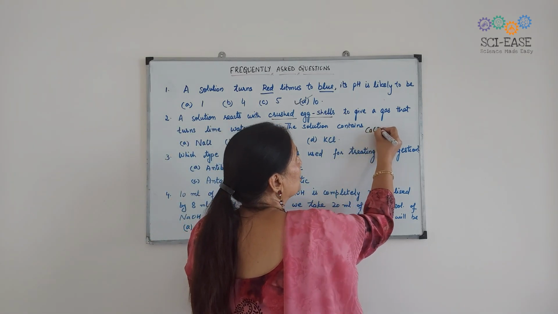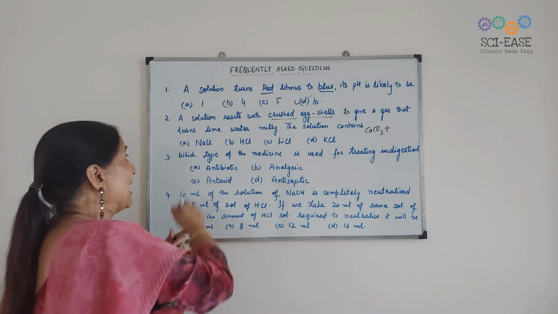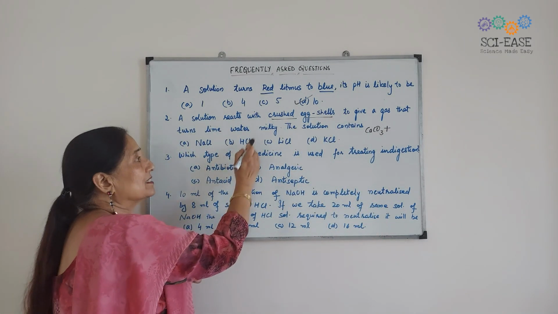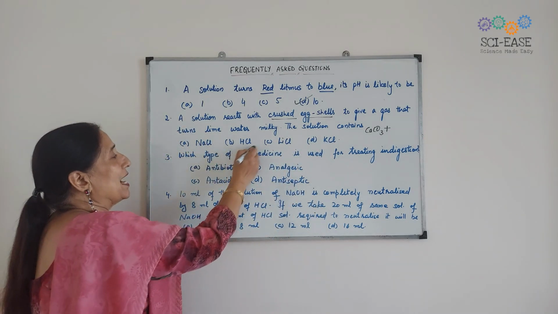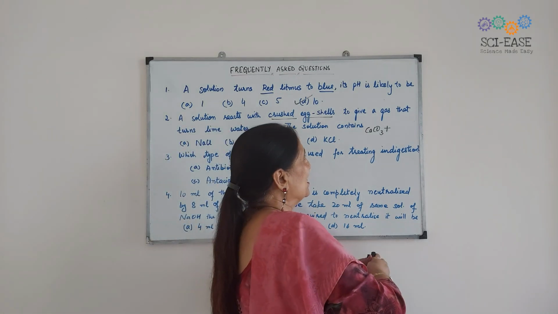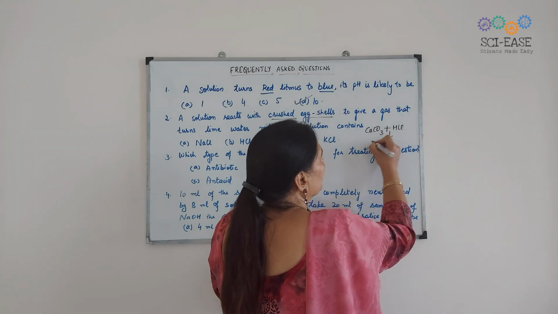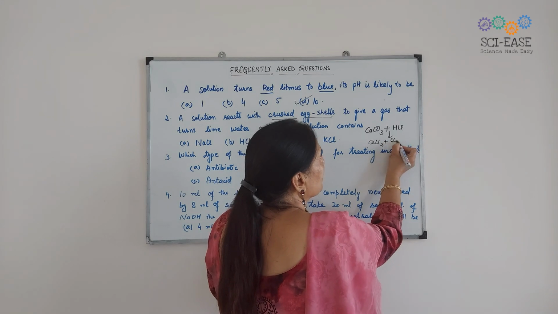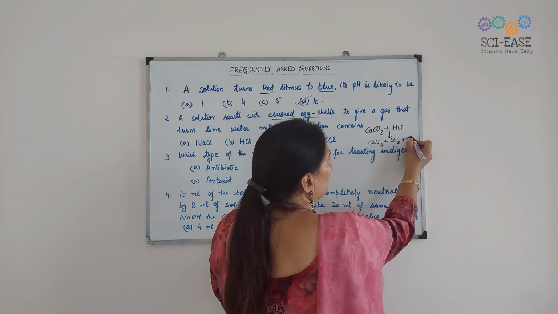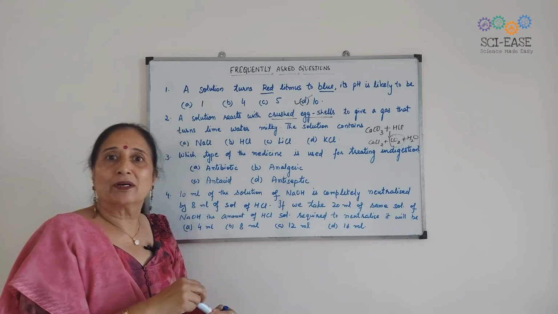We should add HCl. So HCl will be added and this will result in the formation of calcium chloride plus carbon dioxide plus water. And this carbon dioxide will turn lime water milky.